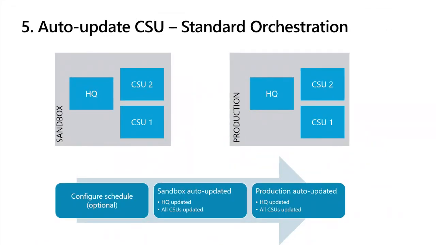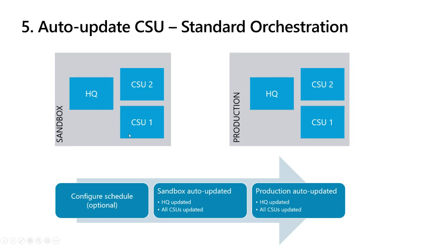Now let's take a look at the standard orchestration flow for auto update for CSU as it is designed today. So imagine you have one sandbox UAT environment and you have a production environment. Each of them has a back office and a couple of CSUs deployed.